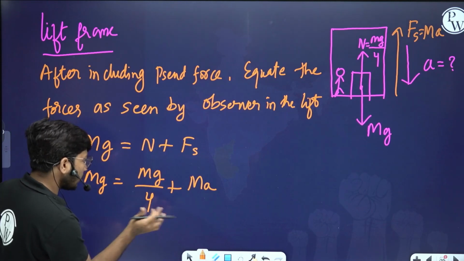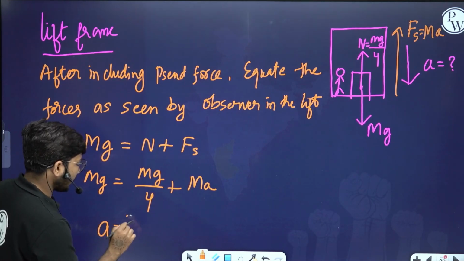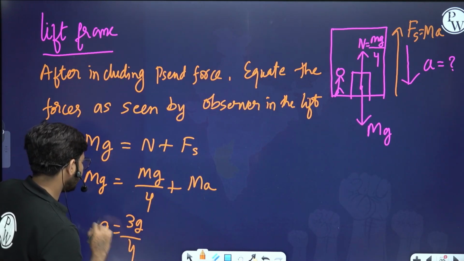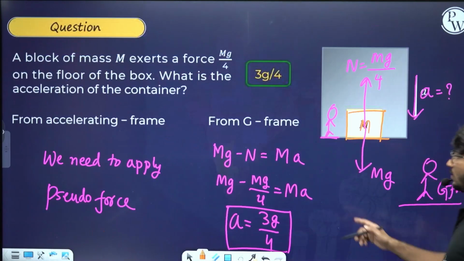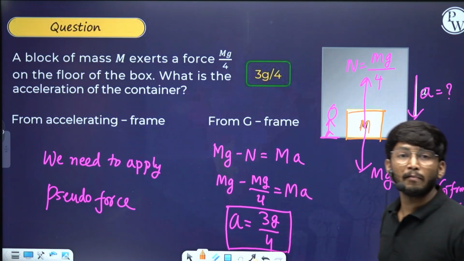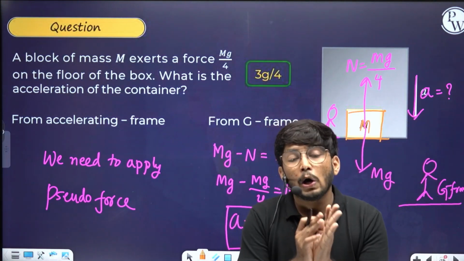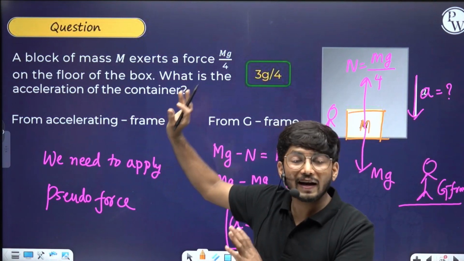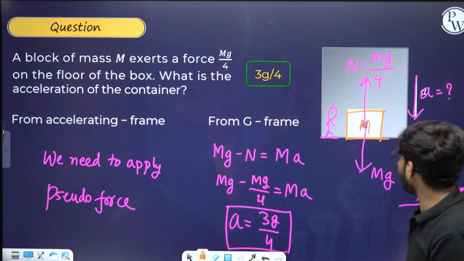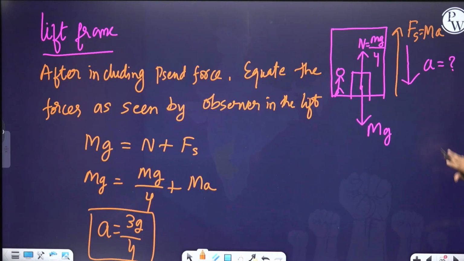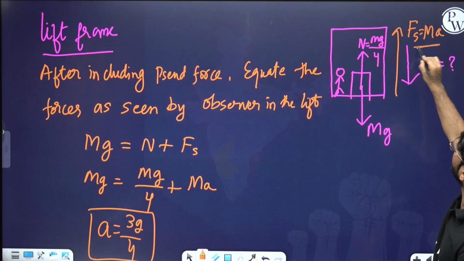So ma is going to be 3mg by 4, or acceleration is going to be 3g by 4. The answer will not be different, it will be the same, but if you are looking at an accelerating frame and solving the problems, you need to include that pseudo force opposite to the direction of acceleration of the frame, right?